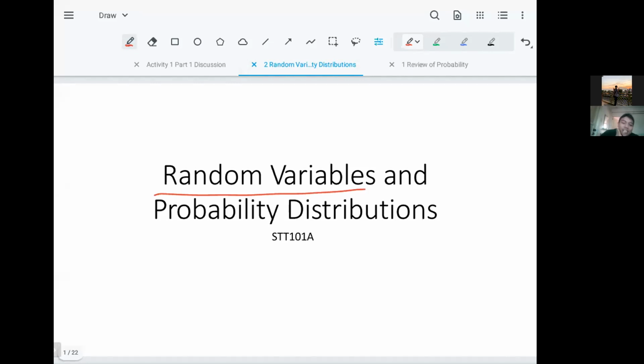Yun pala, as I move on, important itong concept na ito kasi ito yung central concept kung paano masasagot yung mga question nyo na nagagamit ba talaga itong subject na to sa buhay? Ano bang kwenta ng statistics sa buhay ko? Mga ganyang tanong. Okay. So random variables, let's define them muna.